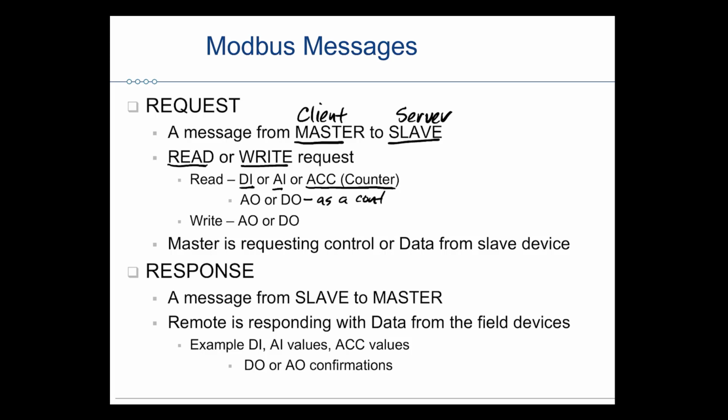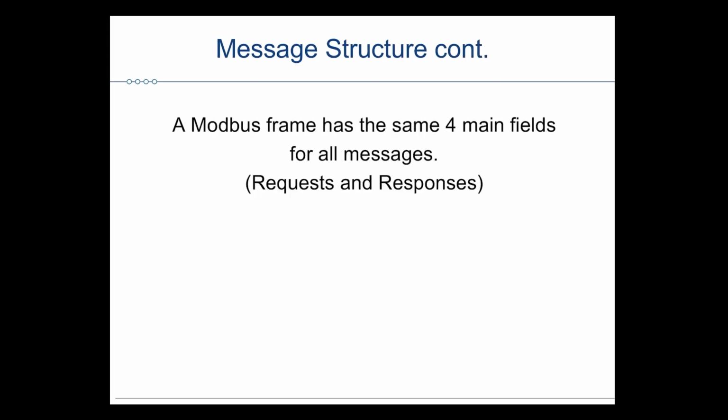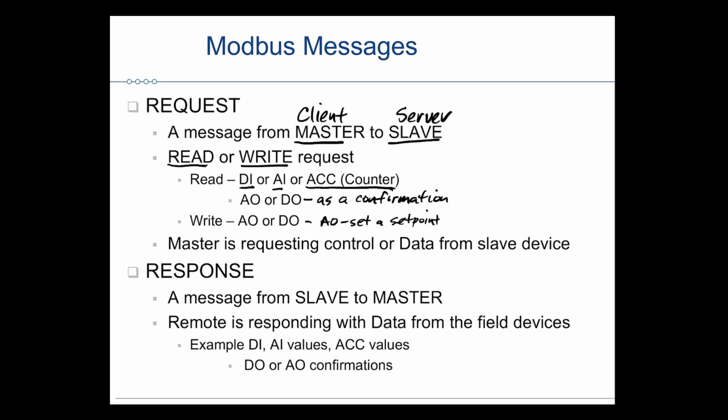And remember, we talked about that. There's times where we want to read an output data type. We want to write an output data type in order to, as an AO, set a set point. So a set point for, say, a motor RPM or a pressure or a tap changer on a transformer.